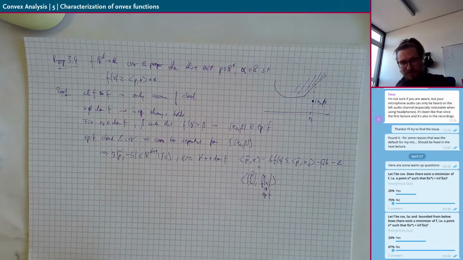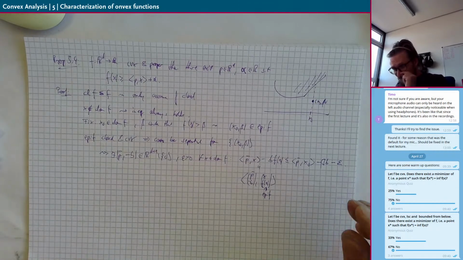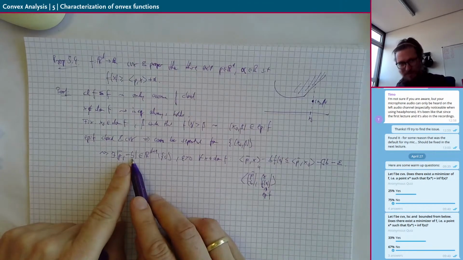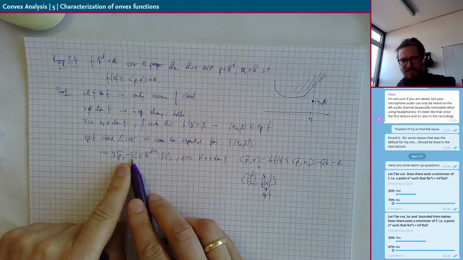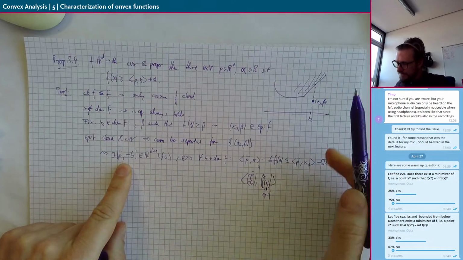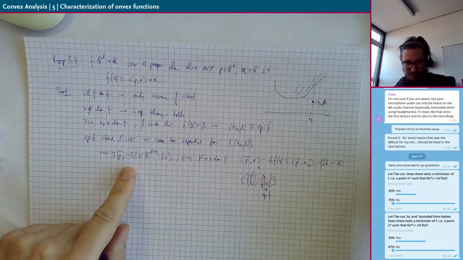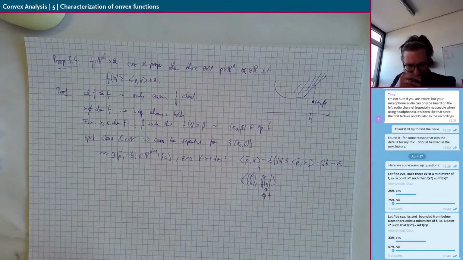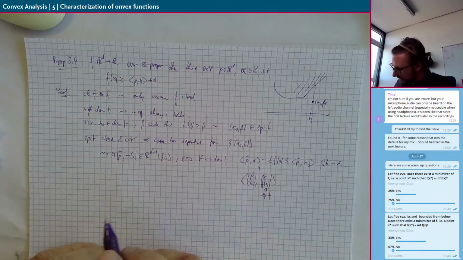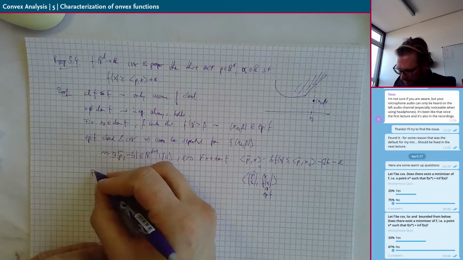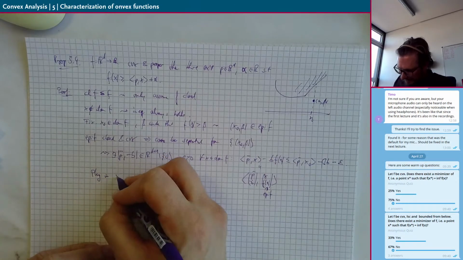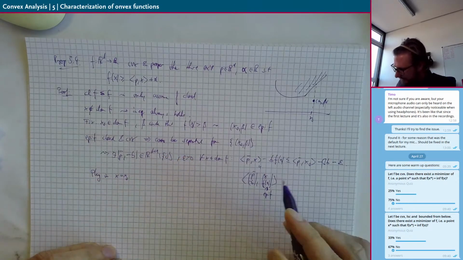Okay, this is not strictly a separating hyperplane already, because we don't know what happens to the b. If b is 0, then this would be a vertical hyperplane. So we need to exclude the case that b is 0. But that's not that difficult, so we can plug in x equal to x0.